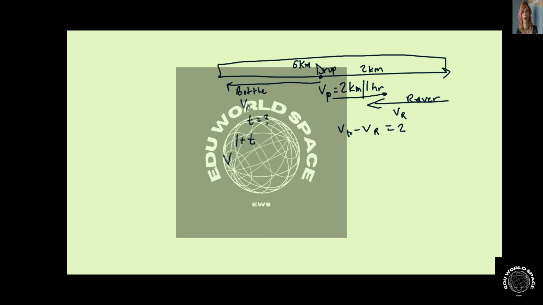So we can write the equation for the velocity of the river as the distance of 3 kilometers, because that's the total distance minus the upstream distance the canoers paddled, divided by the time of 1 plus t hours. And of course, the 3 is in kilometers.